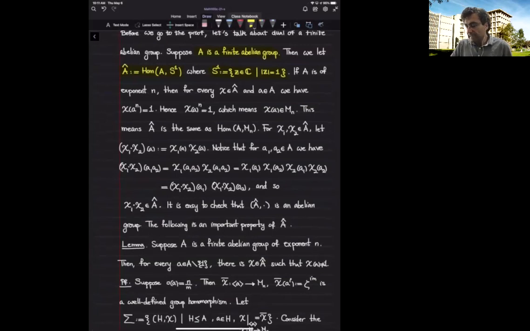Now, if I tell you A has exponent n, then for every homomorphism chi in this group and every element a in the domain, chi of a to the n should be 1, because a to the n is 1, and a group homomorphism sends 1 to 1. But chi is a group homomorphism, so chi of a raised to power n is 1. That means chi of a is an nth root of unity, which means chi of a belongs to M sub n.